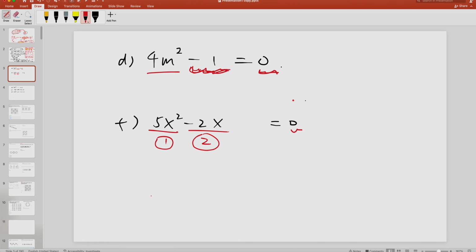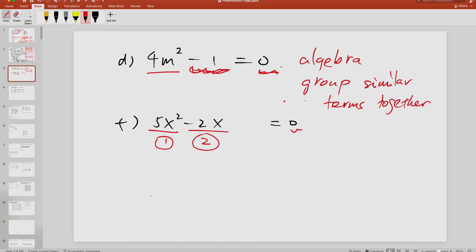They are all numbers. So basically the concept of algebra is you try to group similar terms together. In this case, one is a number on the left, the other is a number on the right, so it makes sense for you to group the numbers together.